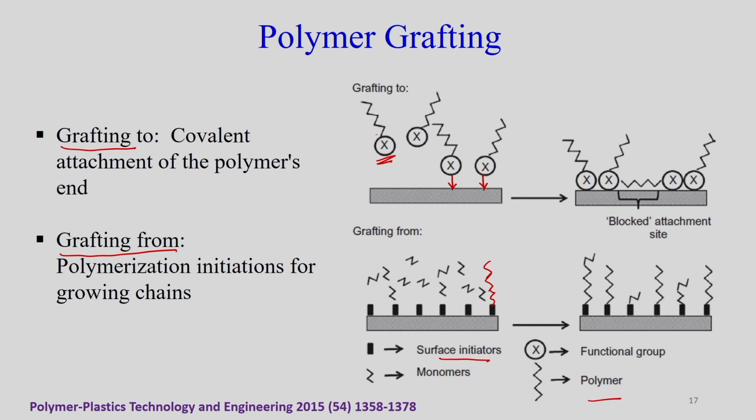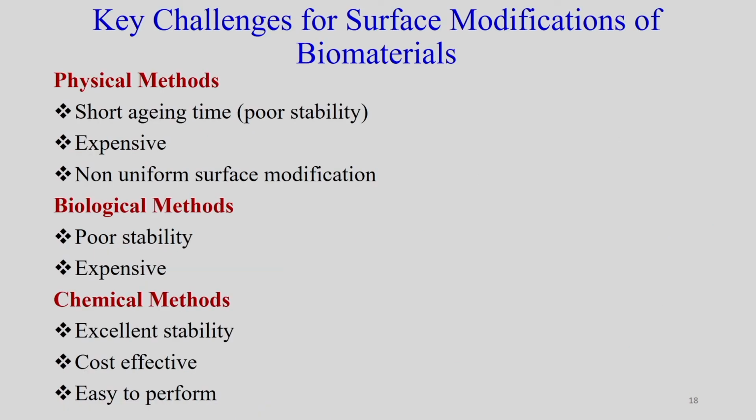So, here is the summary, or you can say the key challenges if you want to modify a biomaterial. As I told, for physical methods, one concern is stability, and as we have to use instrumentation, the initial cost is very expensive, and again this is a major drawback.